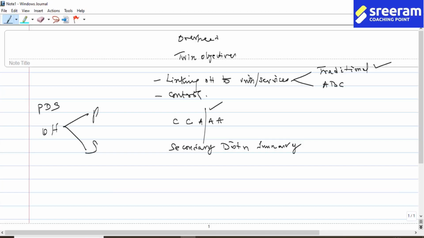Rent is distributed based on floor space. Lighting is distributed based on light points. Depreciation and insurance are distributed based on capital value, and meal charges based on number of employees.